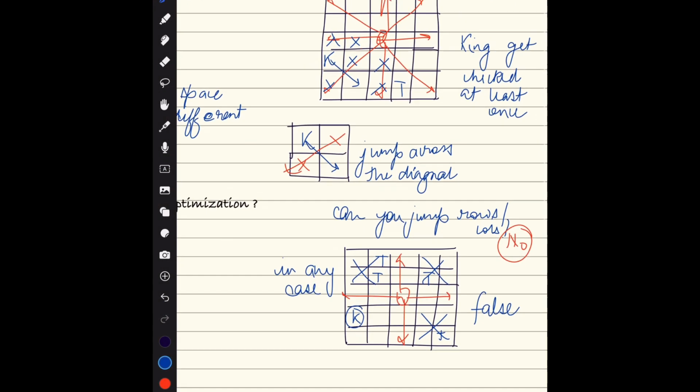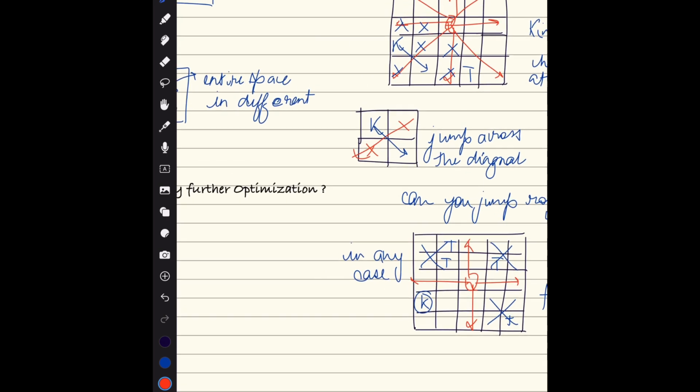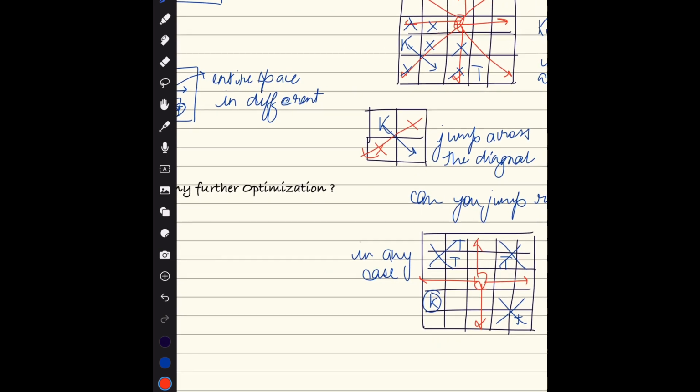As you can see, I have explained this particular test case in the previous test case. So what you need to do: you're provided the coordinates bx and by, and then the coordinates cx and cy as well.